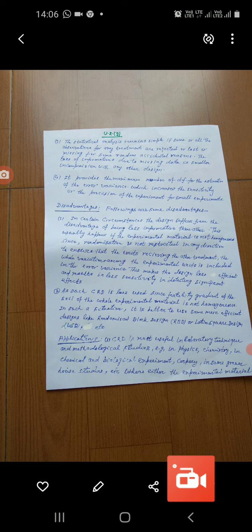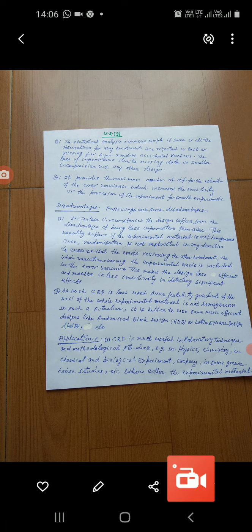Now we will discuss applications of the design. Number one, CRD is most useful in laboratory techniques and methodological studies.